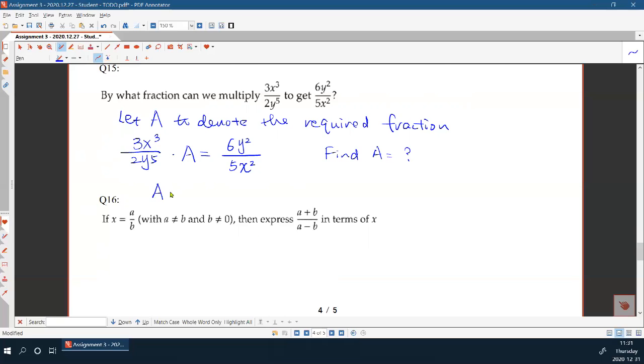So A here is 6y squared over 5x squared divided by this term.